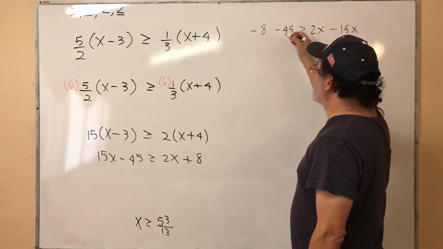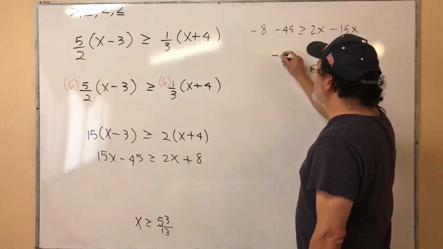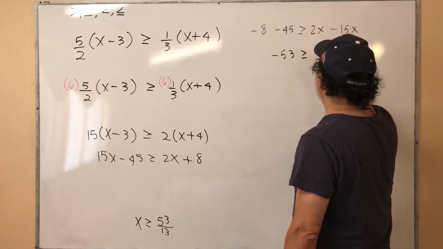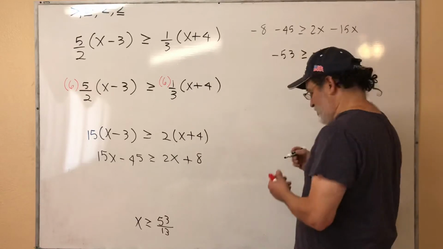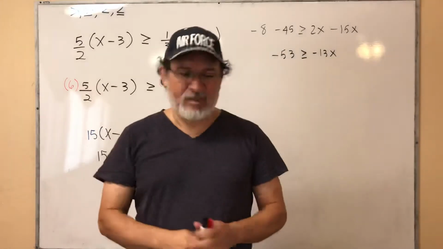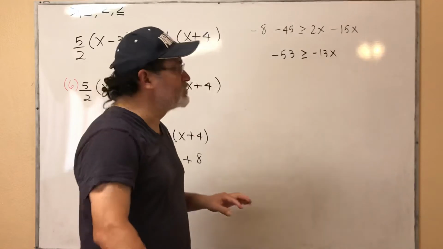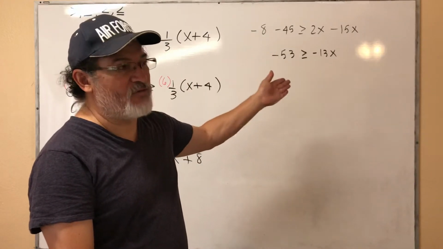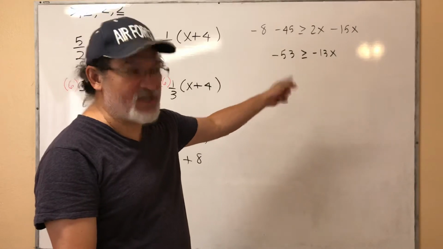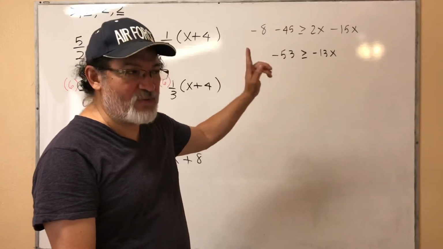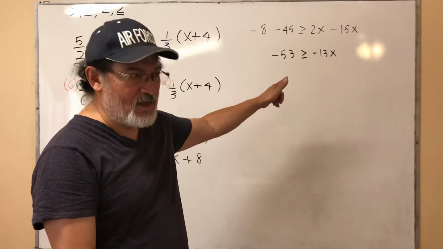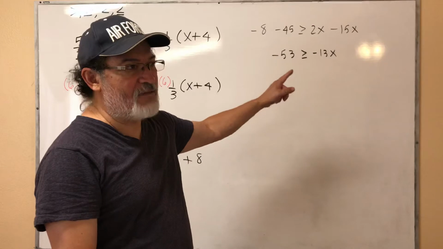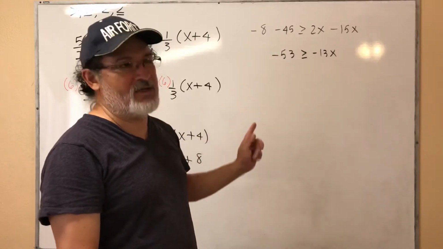Negative 8 minus 45 is negative 53, greater than or equal to negative 13x. Okay, now like I said earlier, if we're gonna solve for x, if we're gonna have x by itself, we have to get rid of negative 13. How do you get rid of negative 13 there? You divide both sides by negative 13.